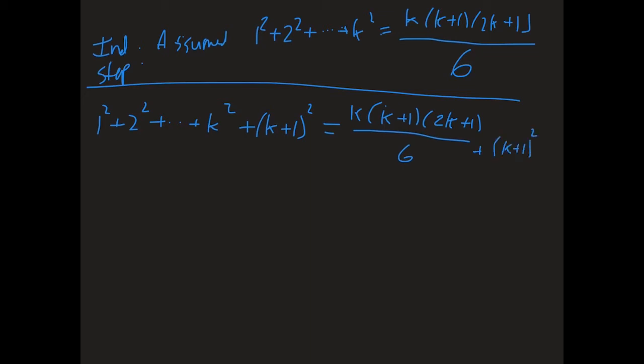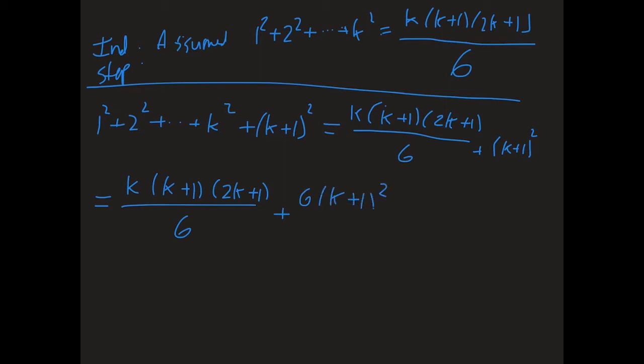Okay? I'm going to move all the way to the left for the sake of space, but this is going to be equal to, what I'm going to do is get a common denominator between these two parts, because I'm just using algebra to turn this into what I want. So this is going to be k times k plus 1 times 2k plus 1 over 6 plus 6 times k plus 1 squared over 6.